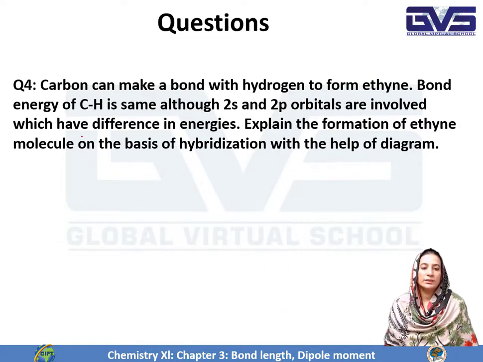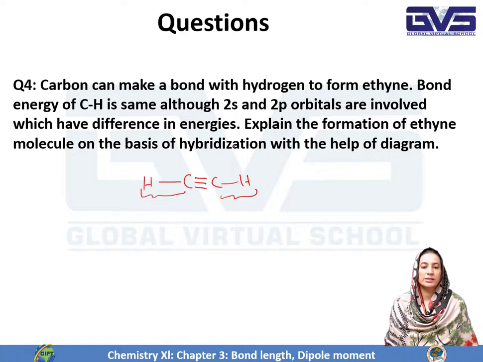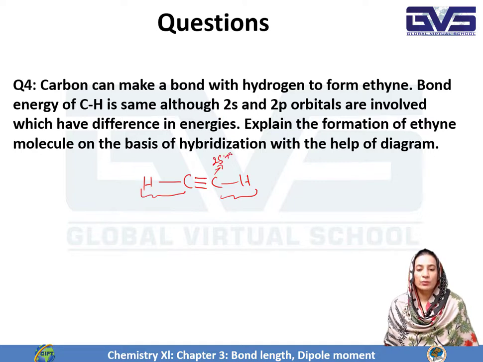Now the question is: carbon can make a bond with hydrogen to form ethyne, and you know this is ethyne. This question can be asked from sp hybridization, and also the bond energy of C-H is the same in this case and in this case. For ethyne, the carbon 2s and 2p are involved, which differ in energy, but actually they are not pure 2s and 2p; they hybridize to form sp hybrid orbitals.